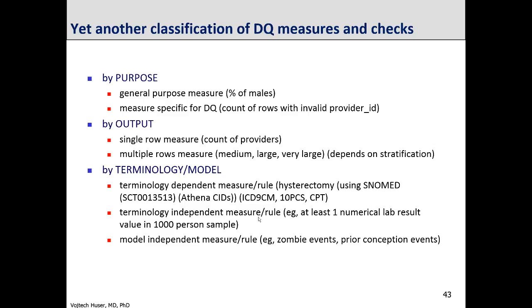So this measure would have a model built in, whereas they all would have a model built in to a degree, but to a lesser extent. For example, I can just say I don't expect any events prior to birth or after death, and that has less model built in. It's a very generic rule.